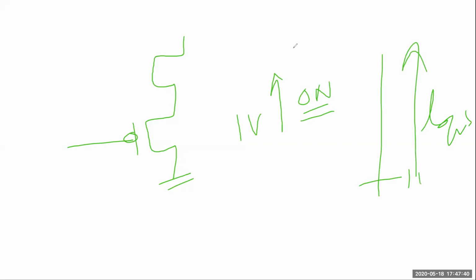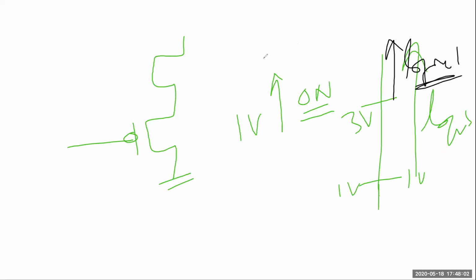And if in place of 1 volt it is 3 volt, then I should say that now my NMOS is on here, so this should be considered as logic 1. My understanding is that whenever the NMOS is on, after that we say the logic 1 has started.